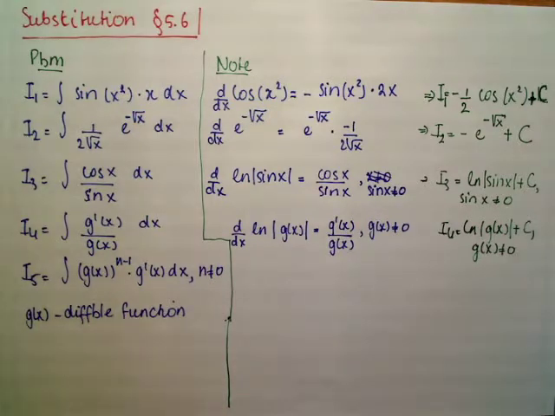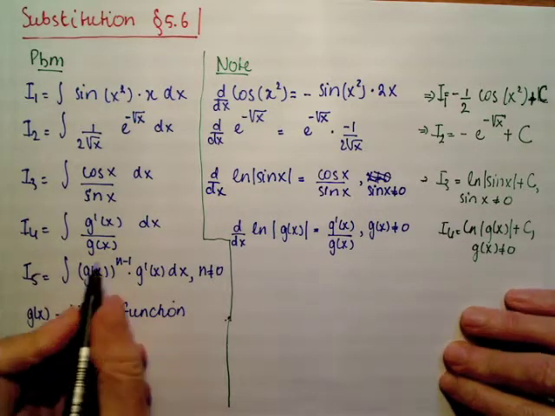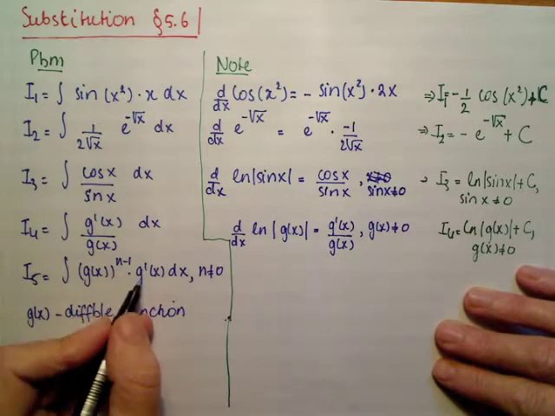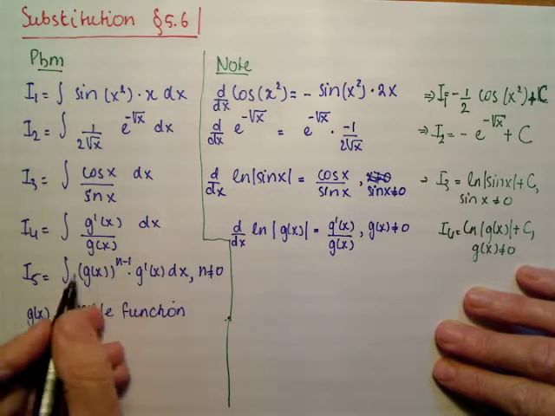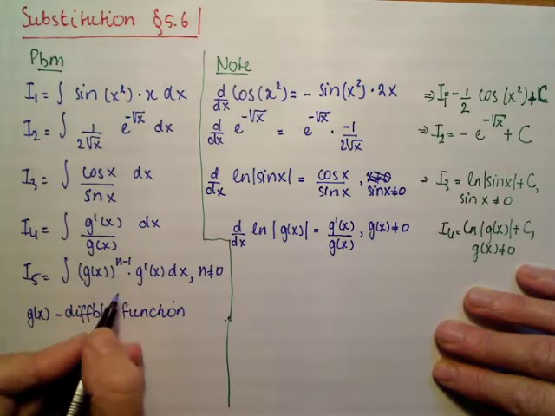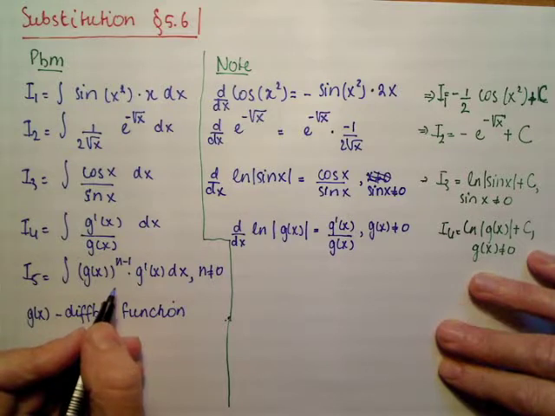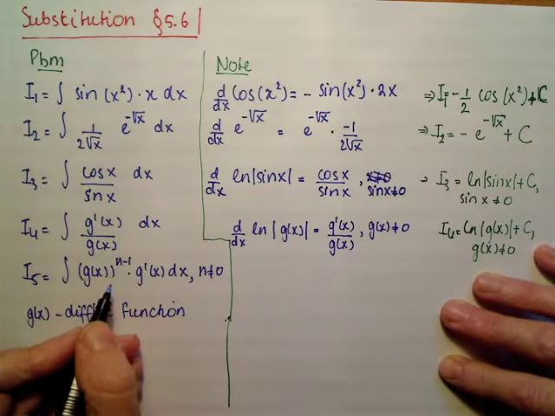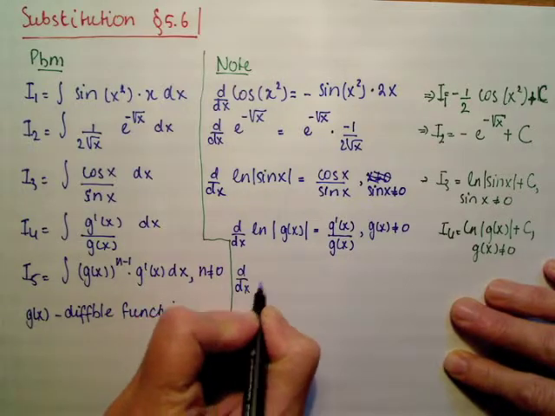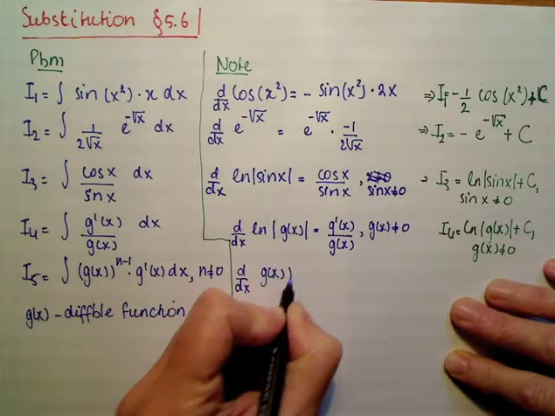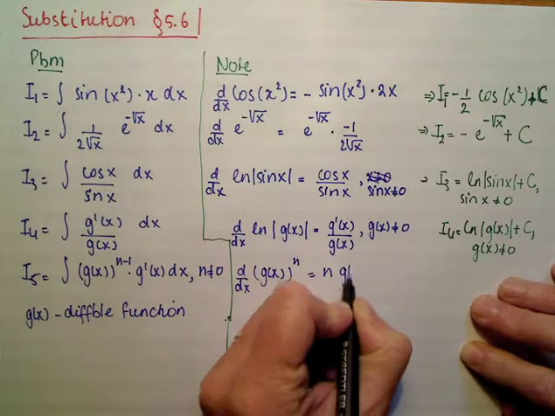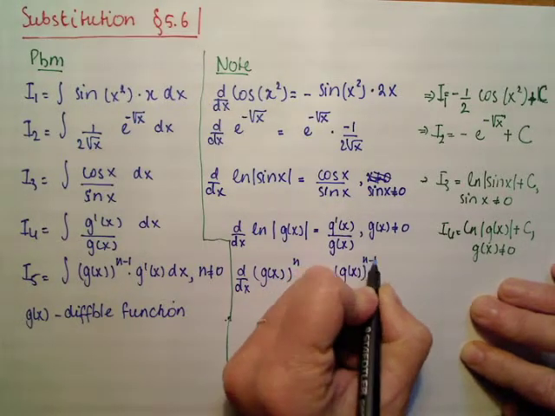Now the fifth one, of course, if we look at the primitive of the function g of x to the power n minus 1 multiplied by the derivative, it should contain a term g of x to the power n, because integrating makes one have to raise the power by 1. So if we do so and we compute the derivative of what we get, then we get n times g of x to the power n minus 1.